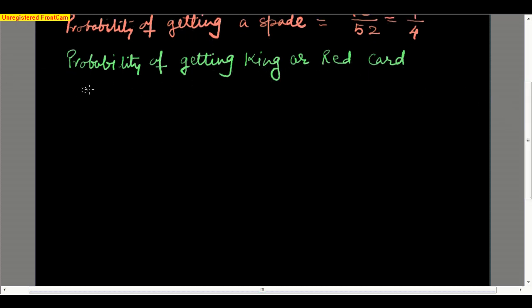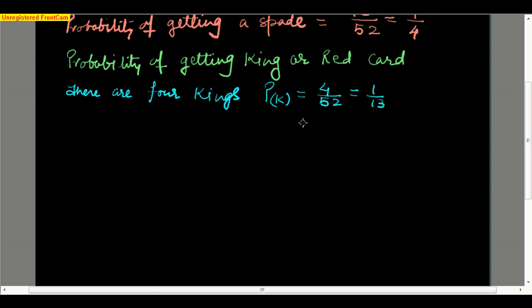We know that there are 4 kings, so the probability of getting a king is equal to 4 by 52, which is 1 by 13. There are 26 red cards, so the probability of a red card is equal to 26 upon 52, which is 1 by 2.